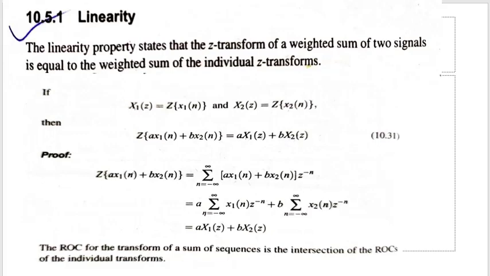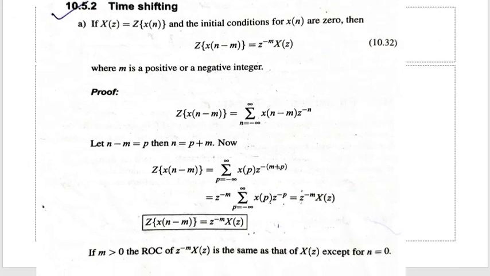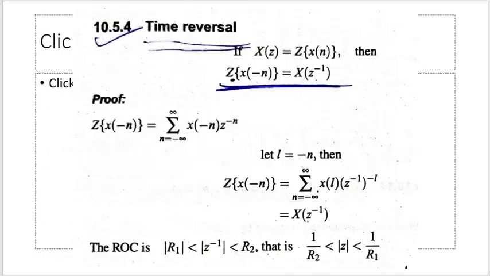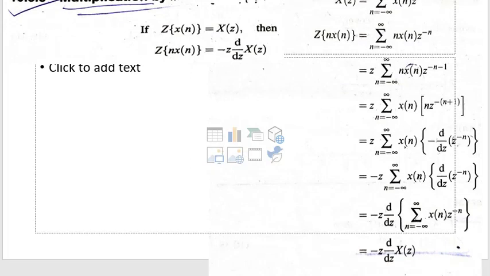We covered the linearity property and the time shifting property, so I am not going to elaborate on these again and again. Then it is time reversal, then multiplication by n. Don't get confused with the other thing, it is multiplication by n. Then it is convolution.